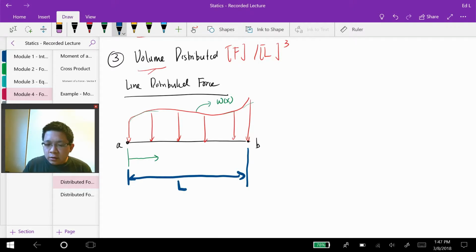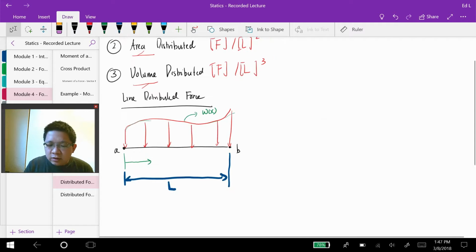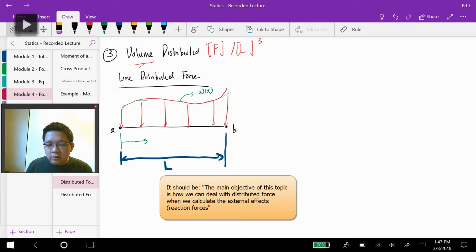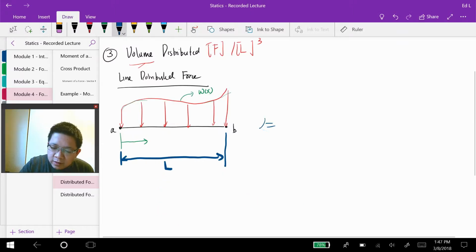The main objective when we try to calculate a line distributed force here is how we can include it to calculate the external effects. So what are external effects?